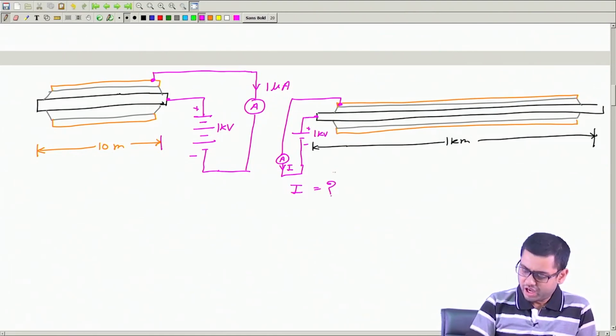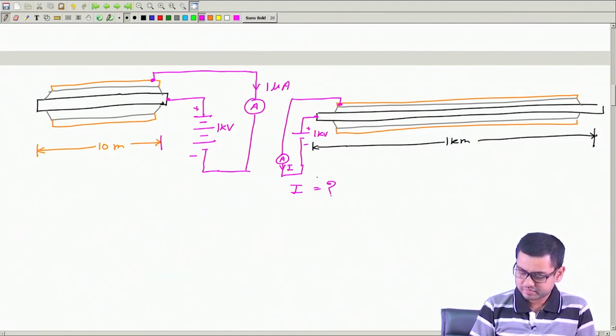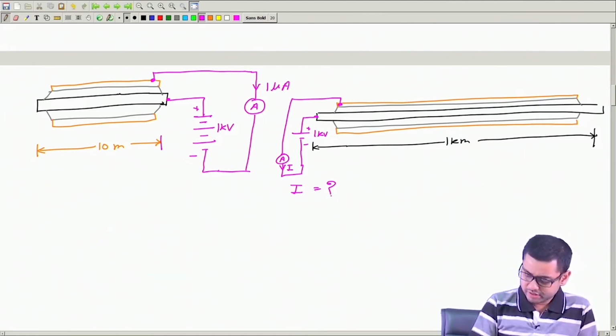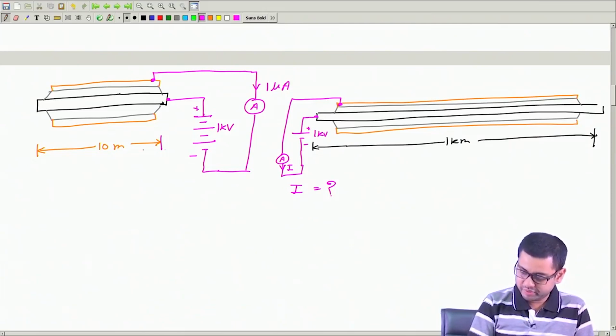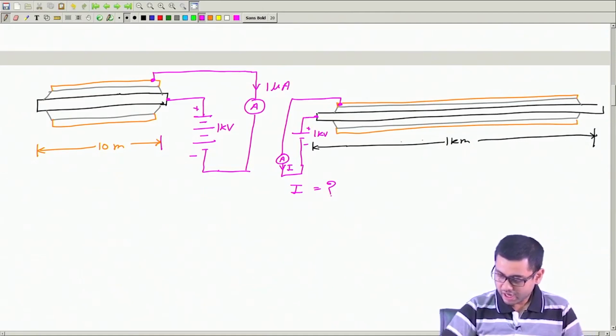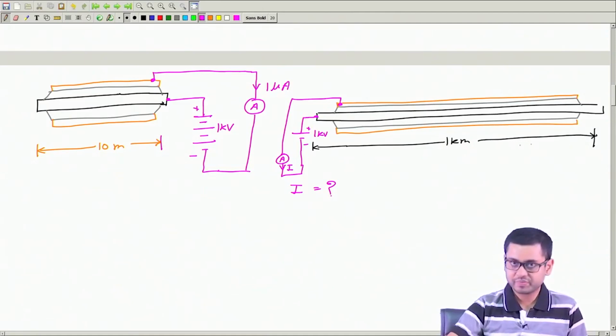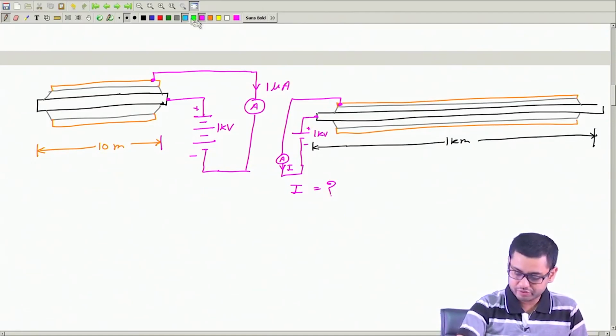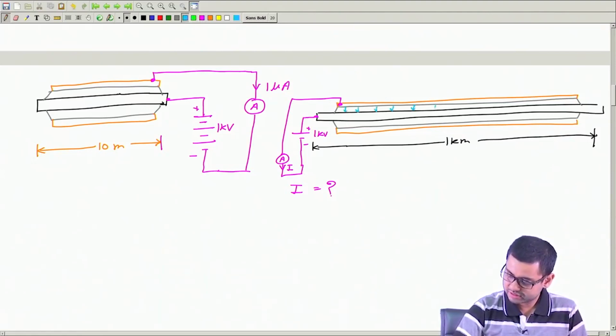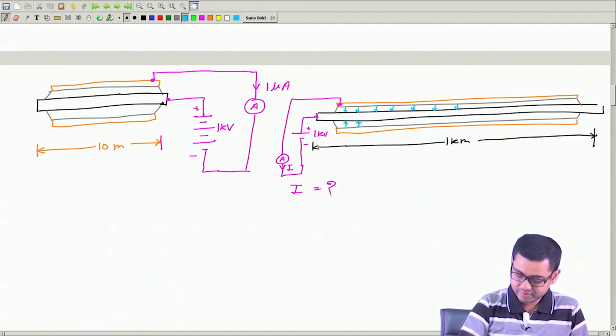Okay. How much will this current be? Roughly speaking, this is 10 meter, this is 1000 meter, so this is 100 times longer. So we have 100 times more path for the electrons to flow.